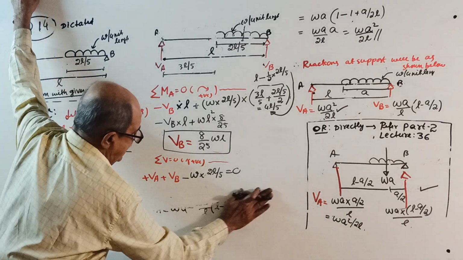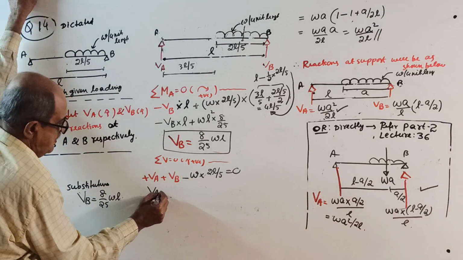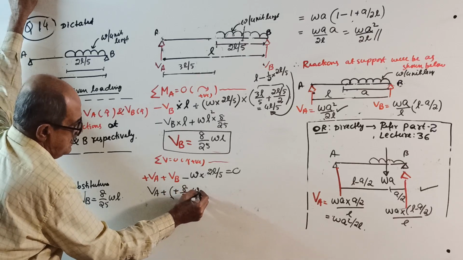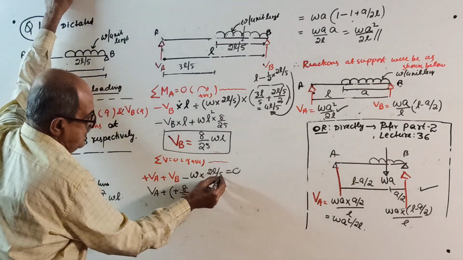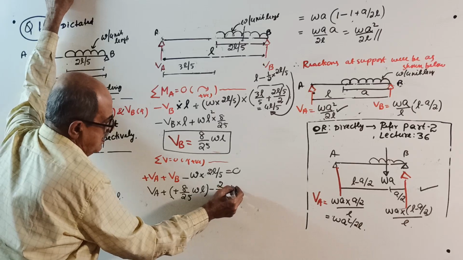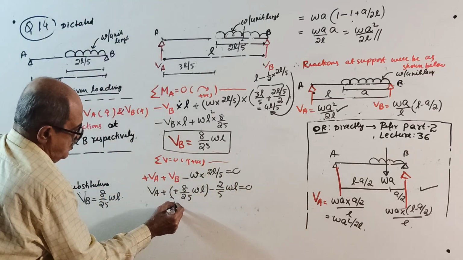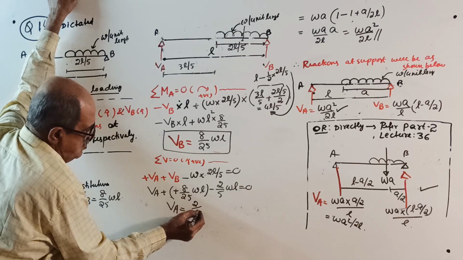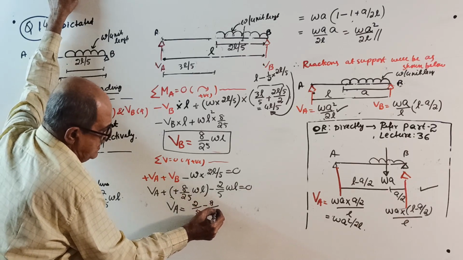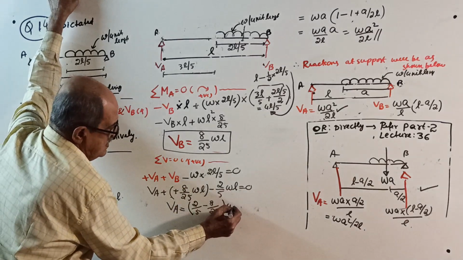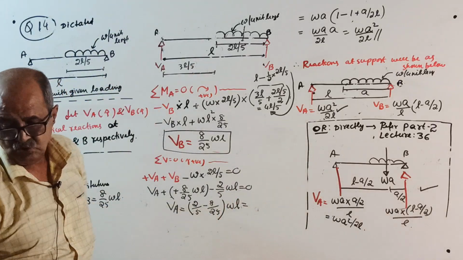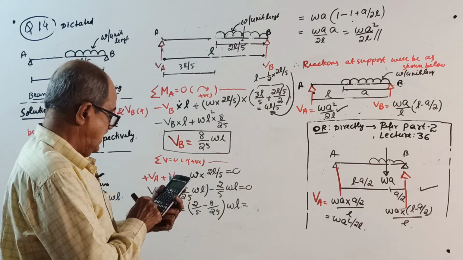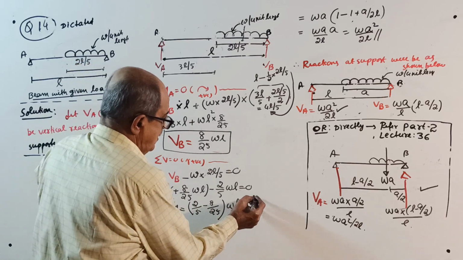Then VA plus 8 by 25 WL minus 2 by 5 WL equal to 0, or VA will come 2 by 5 minus 8 by 25, that much times WL. 2 by 5 minus 8 by 25 is 2 by 25.